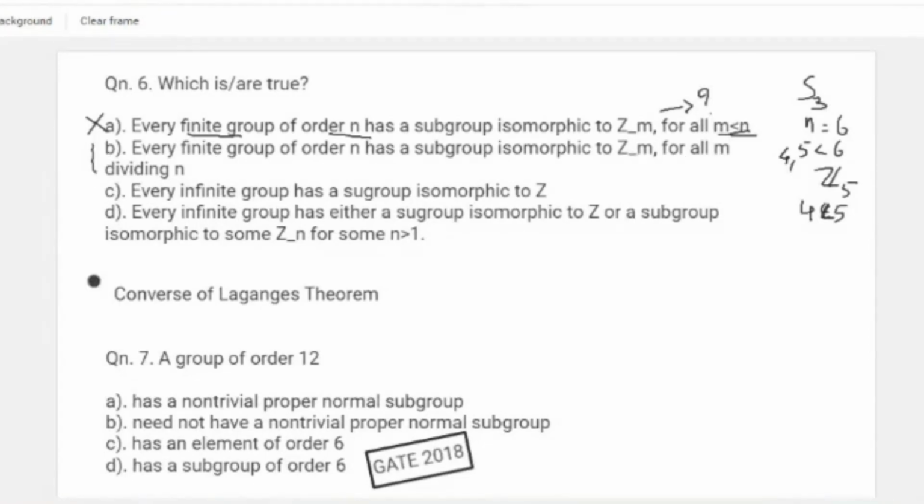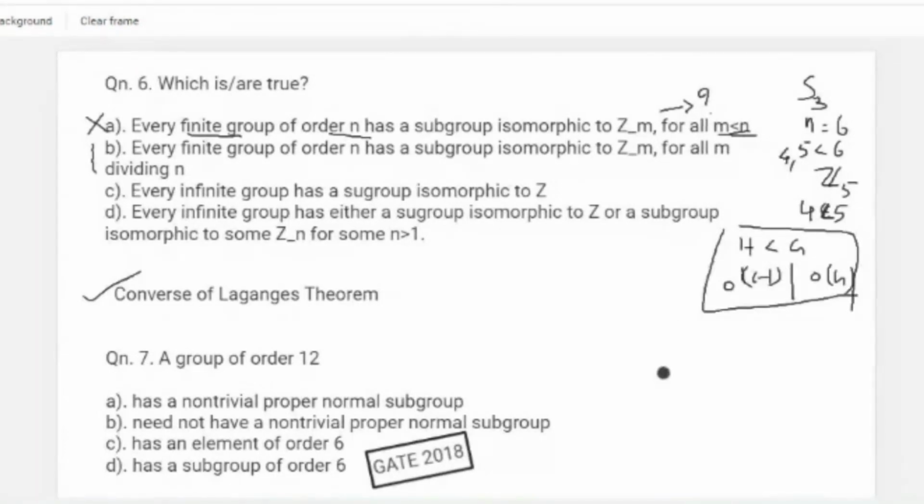This is exactly the converse of Lagrange's theorem. Lagrange's theorem says that if H is a subgroup of G, where G is finite, then the order of H divides the order of G. But once we have a group of finite order n and a divisor m of that number, we cannot ensure that there is a subgroup of order m.